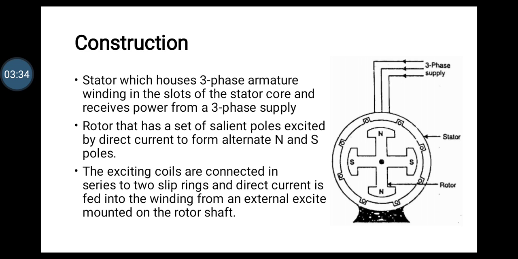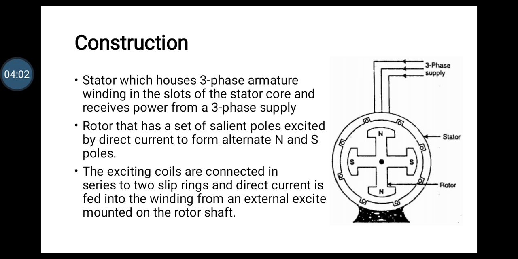When the winding gets a DC current, it forms alternate N and S poles. The exciting coils are connected in series with two slip rings. So the outer part will have two slip rings, and the direct current is fed to the winding from the external exciter that is mounted on the shaft.